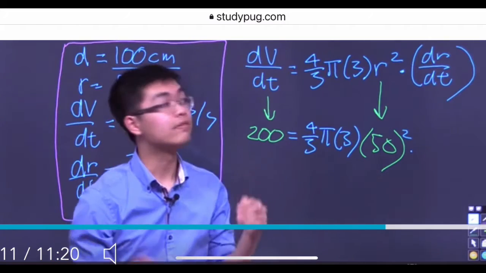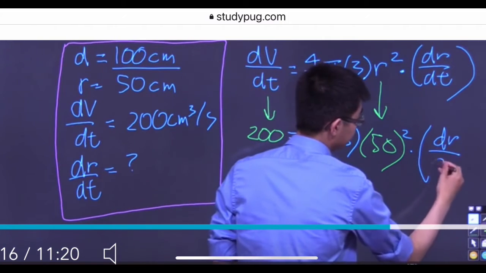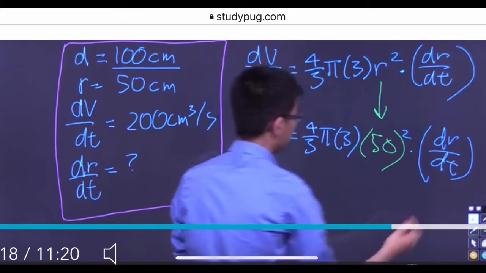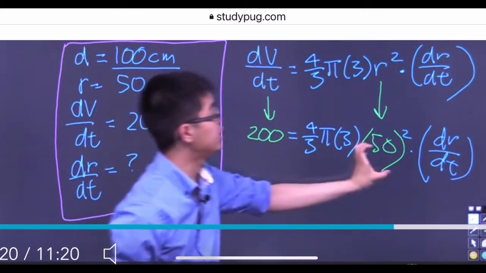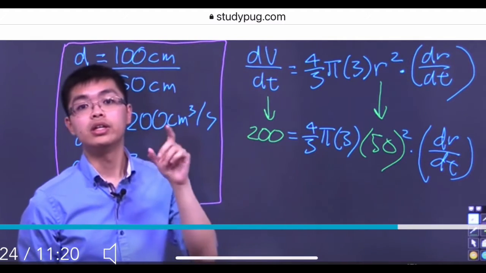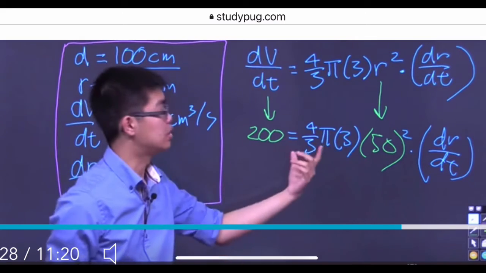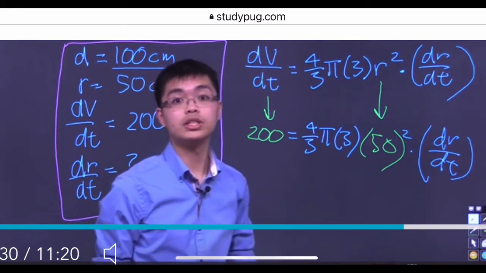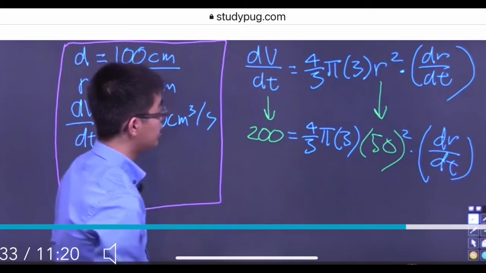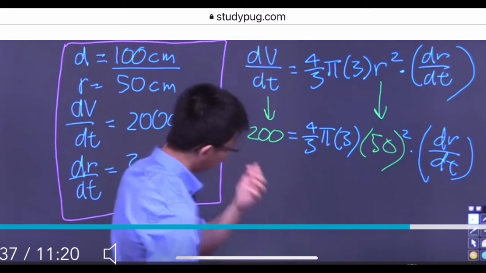Isn't that what we're looking for? Look at this. We have everything here, and we have dr over dt there. So if we have everything here, we can just solve this equation and figure out what dr over dt is. Okay, good.